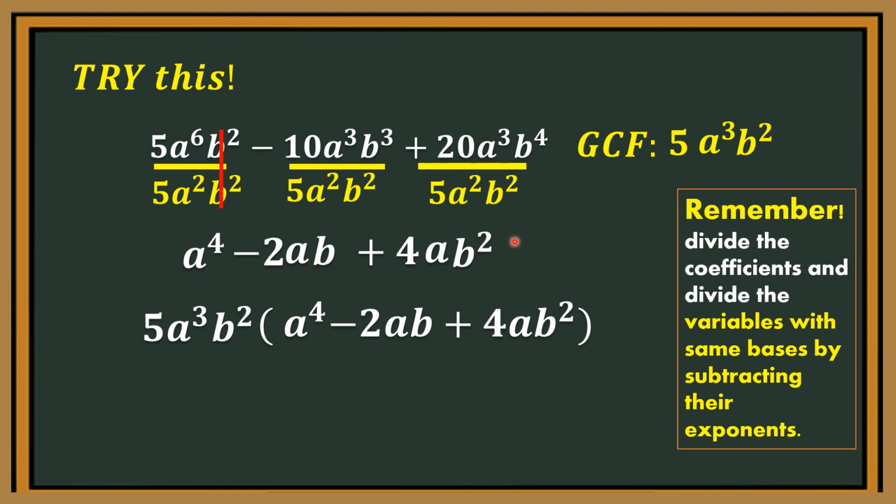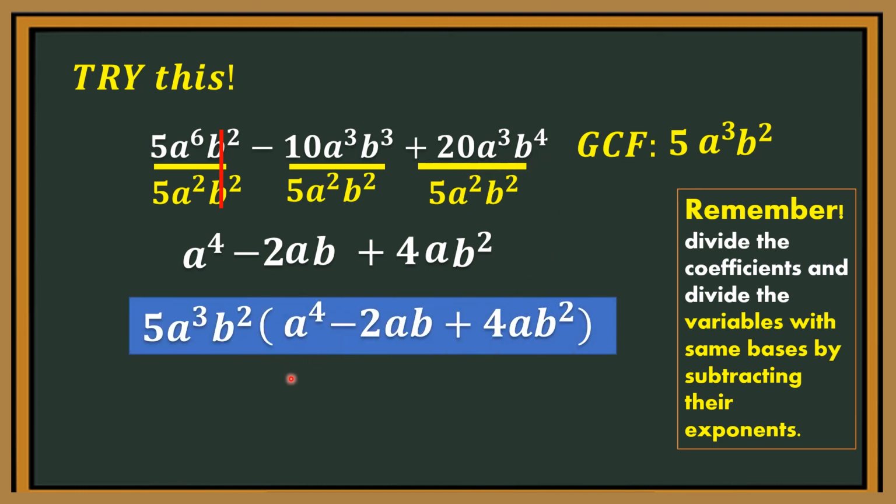Therefore, the factors of 5a raised to the sixth power b squared minus 10a cubed b cubed plus 20a cubed b to the fourth are 5a cubed b squared times the quantity of a to the fourth minus 2ab plus 4ab squared.